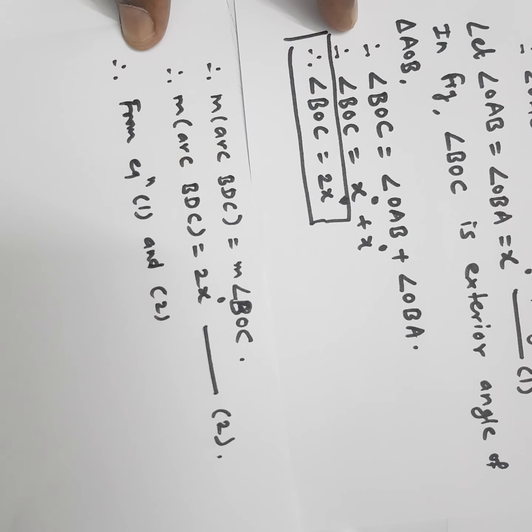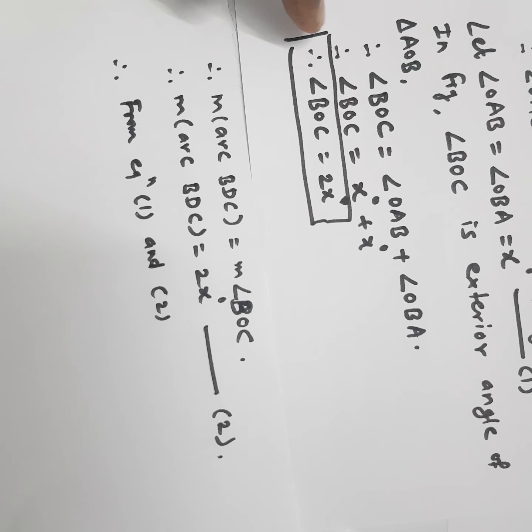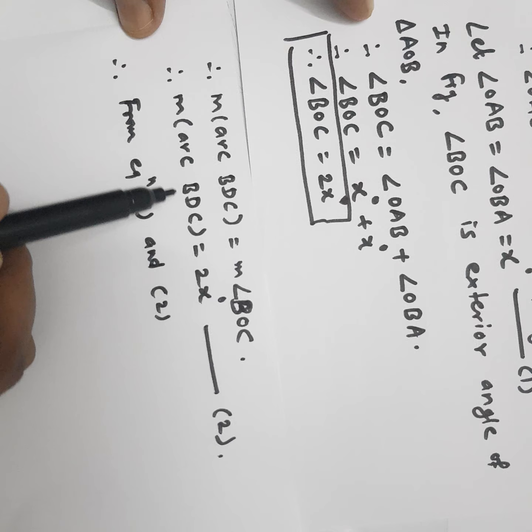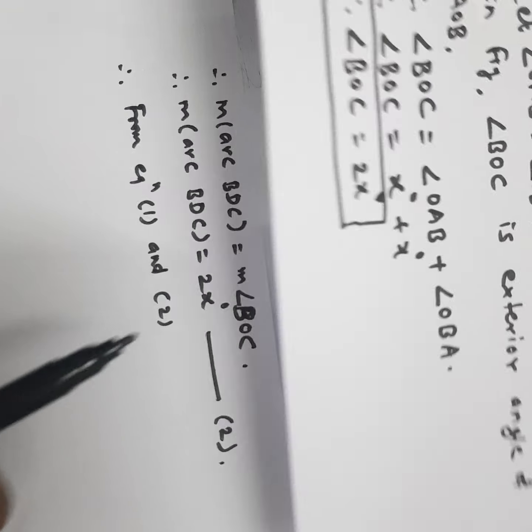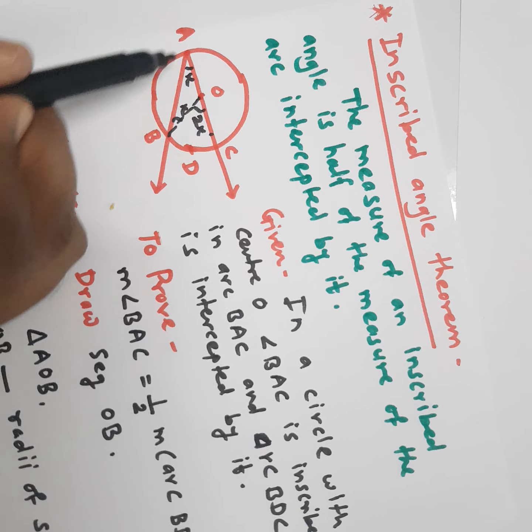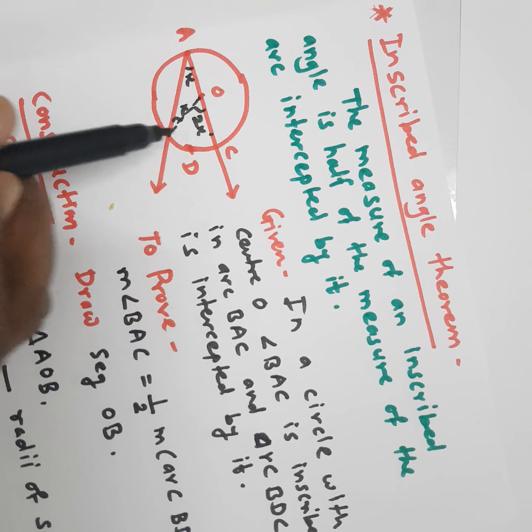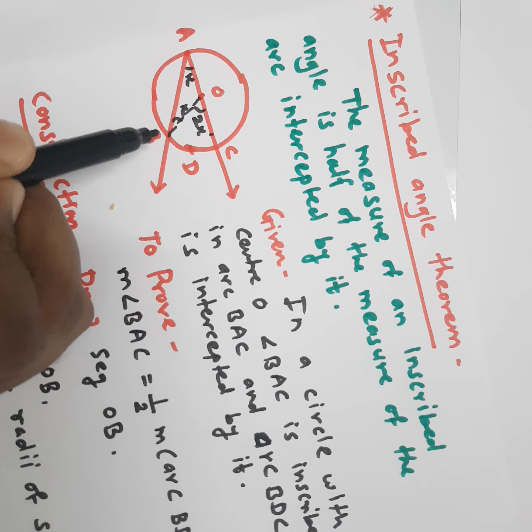Angle OAB is equal to x degree. And what is equation 2? Arc BDC is equal to 2x degree. Here angle OAB means angle CAB or angle BAC.